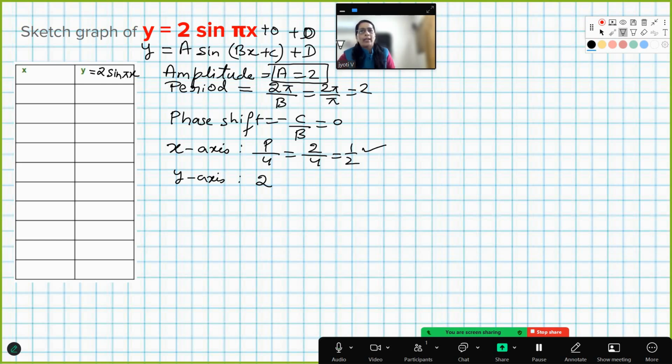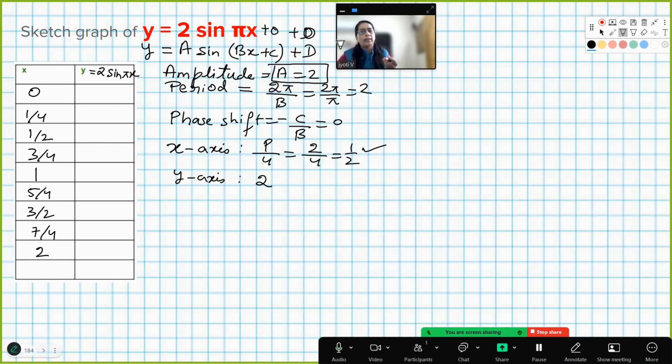So on the x-axis, we will take 0, 1 upon 4, twice 1/4, means half, 3/4, 4/4, 5/4, 6/4, means 3 upon 2, 7/4, 8/4, means 2. So 2 is the period. So up to 2, one cycle is done.